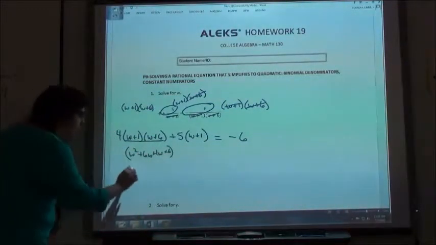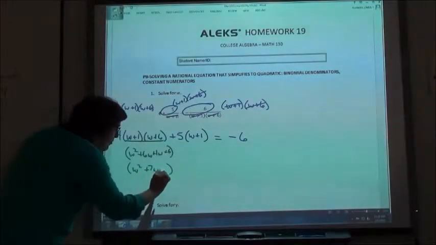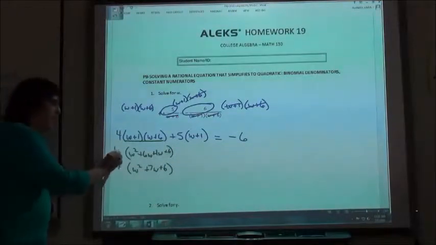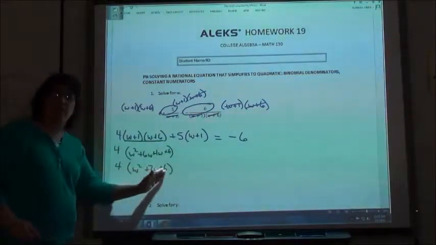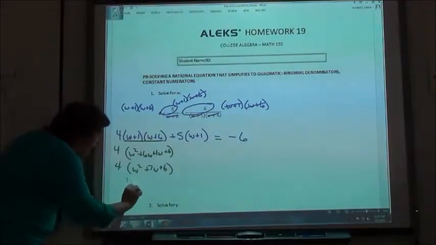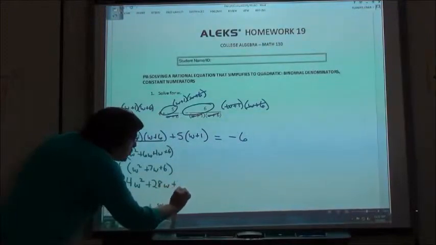So combining my like terms, I have w squared plus 7w plus 6. That 4 is still out in front of there. I'm then going to simplify that by multiplying each of those terms by 4. So I'm going to have 4w squared plus 28w plus 24.